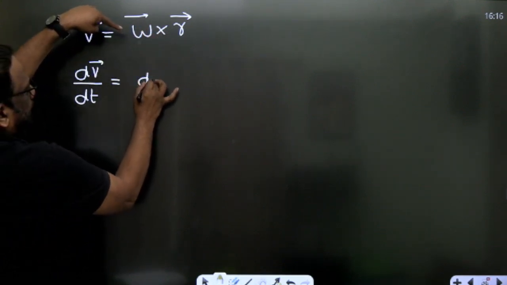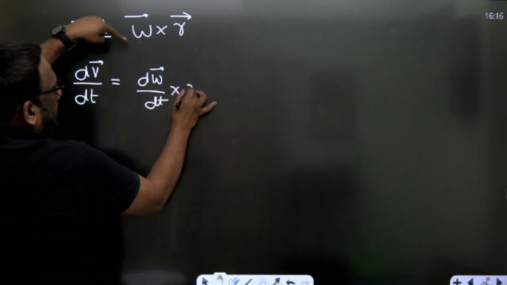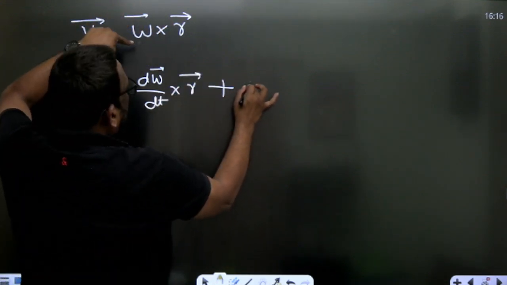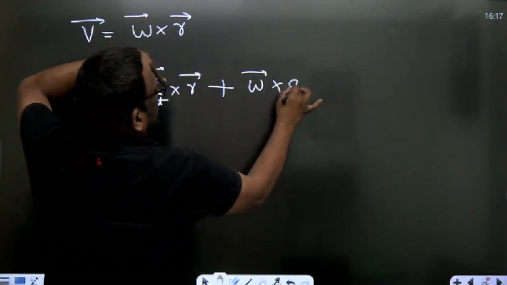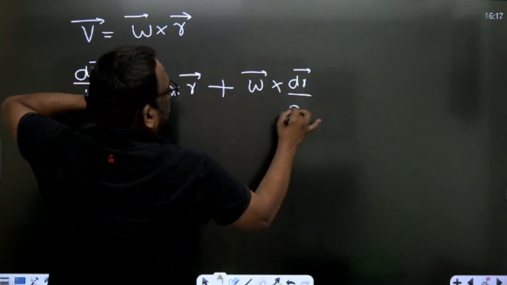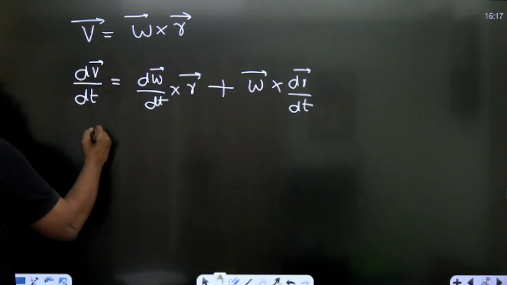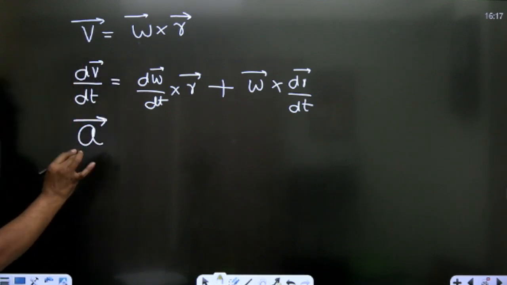If we differentiate this, we get d omega by dt cross r, UV principle, plus omega cross, differentiate this one, it will be dr by dt. Excellent sir. So you will get, what is dv by dt? It is the acceleration.